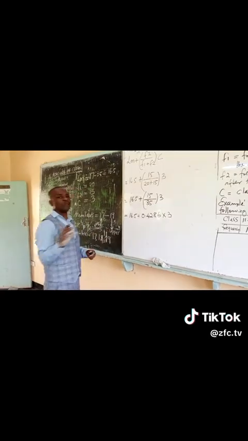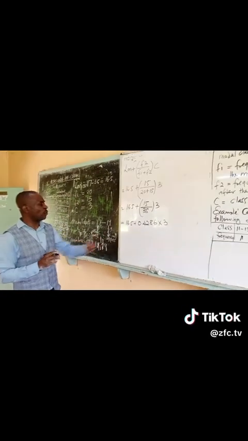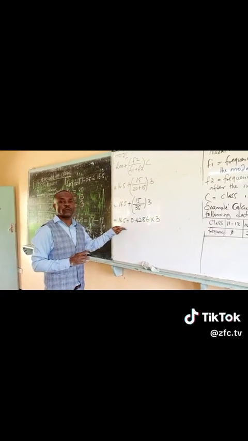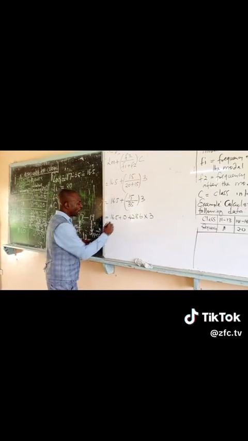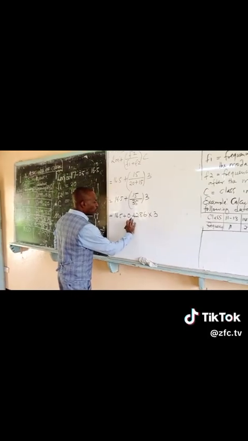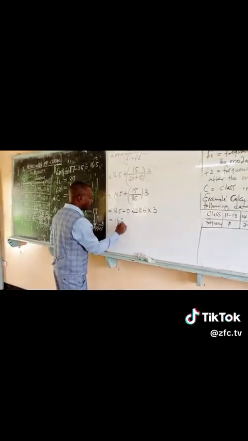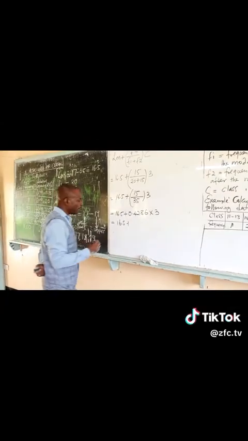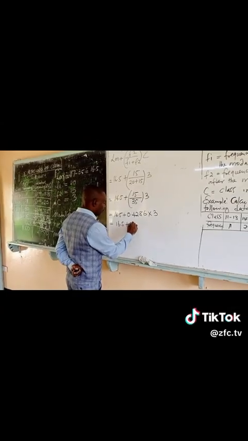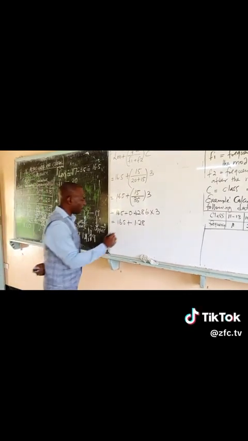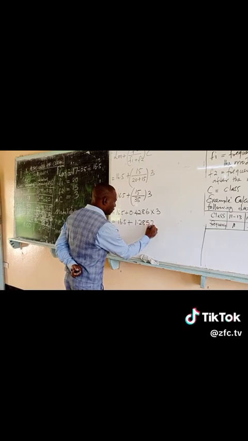Remember, we're looking at BODMAS. You start with brackets, then you go to multiplication. You can't start with addition first, you start with multiplication. So we multiply 0.4286 times 3, which will be 1.2857.